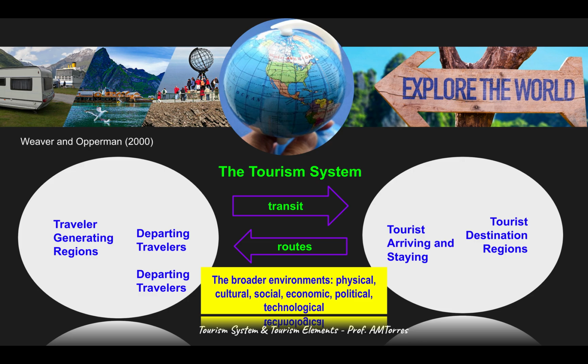The physical can be considered the geographical layout of the whole ecosystem. As I've said, the geographical region can be within the country, like domestic tourism activity, or the geographical element would include several countries or several destinations.